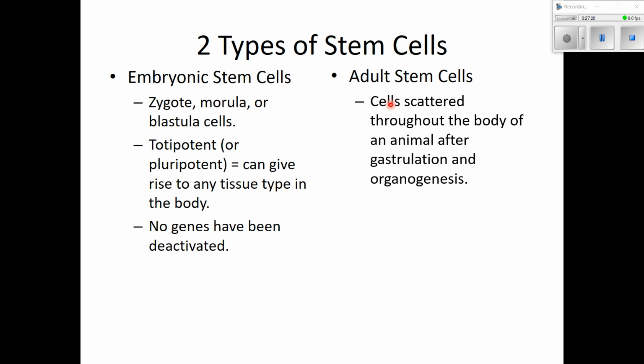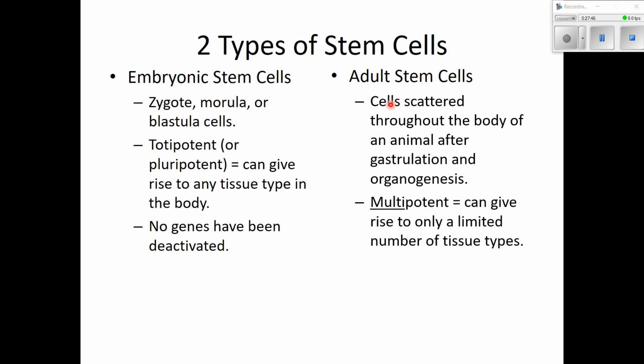These are the cells that can generate new tissues when we need to develop new tissues, when we need to heal from a tissue injury, when we need to form new blood cells, for example. The cells that make that possible are adult stem cells.